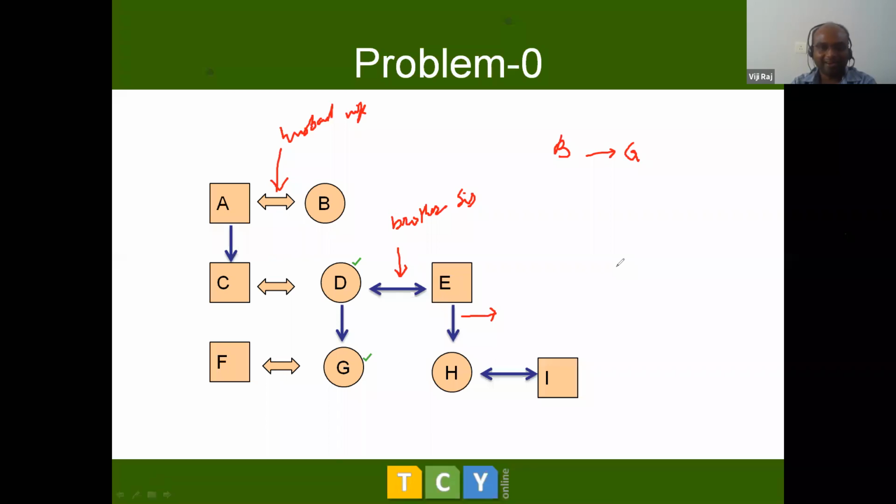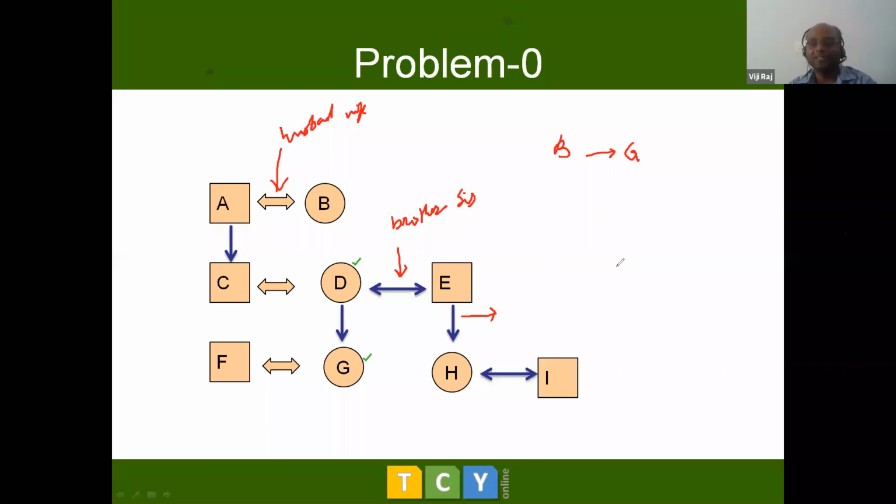Okay. Now my next question is, how is I related to G? Look, when you make a statement, it will be I is the cousin brother of G. How can it be cousin sister?